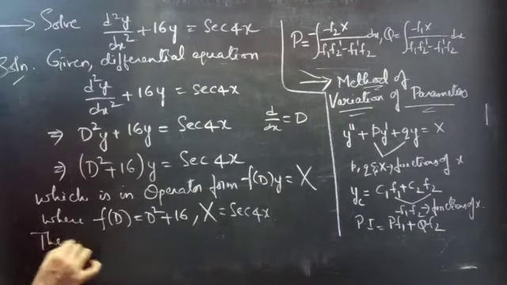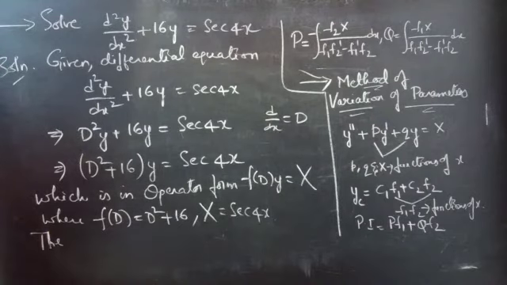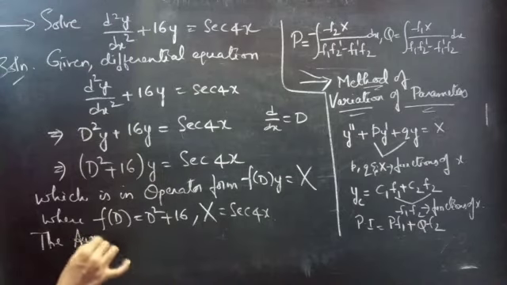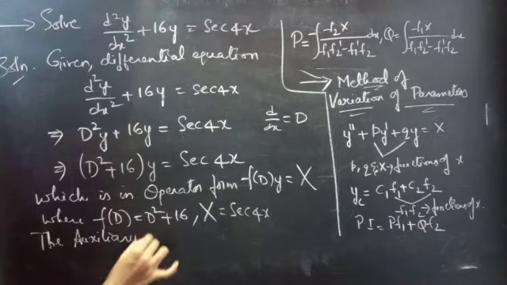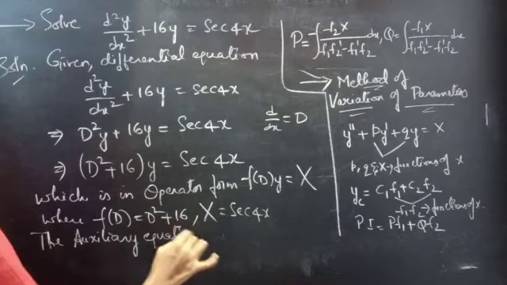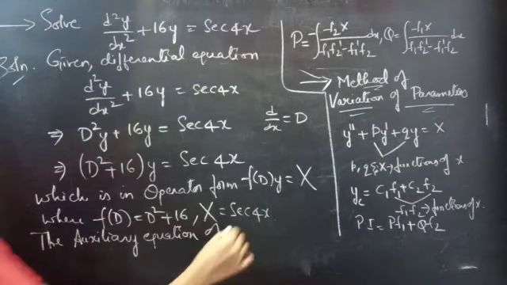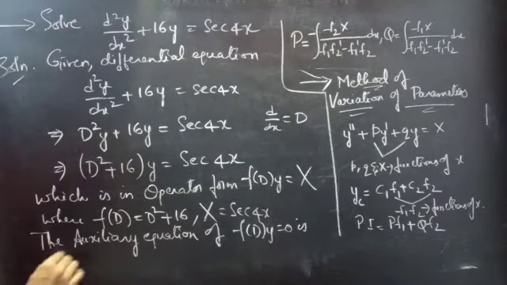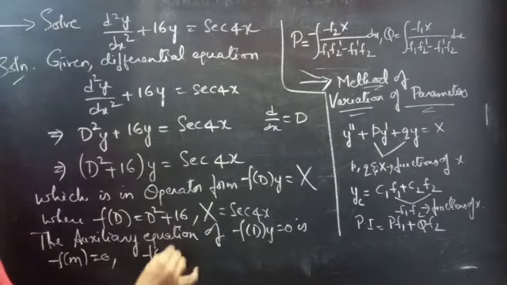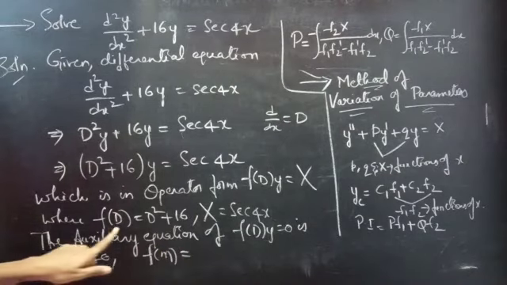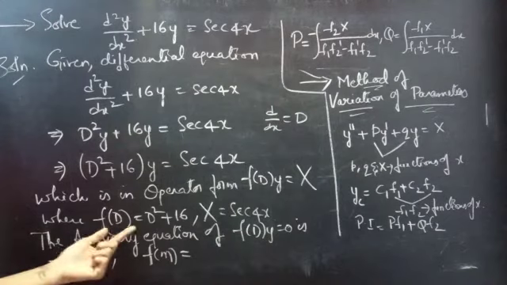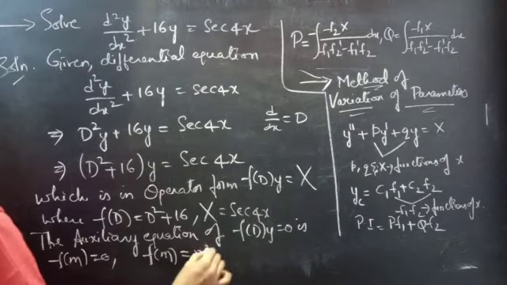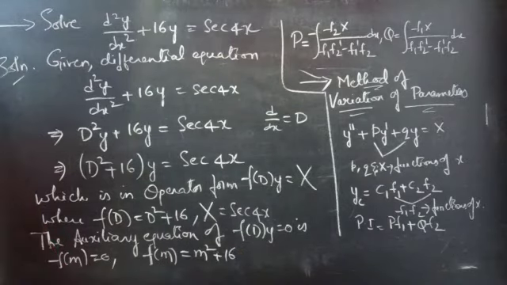So we know that the complementary function is given by the auxiliary equation. The auxiliary equation of f of D into y equals 0 is given by f of m equals 0, where f of m is obtained by replacing the differential operator D by m in f of D. Then you'll get f of m equals m square plus 16.